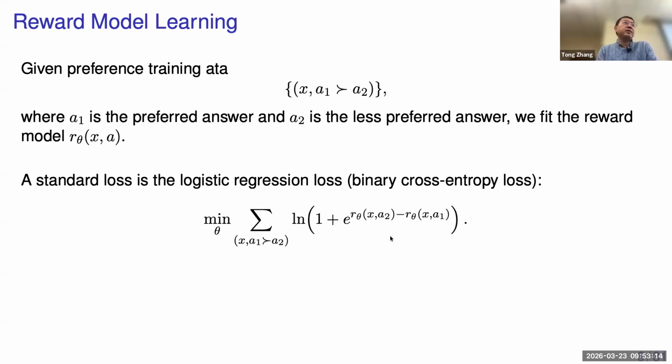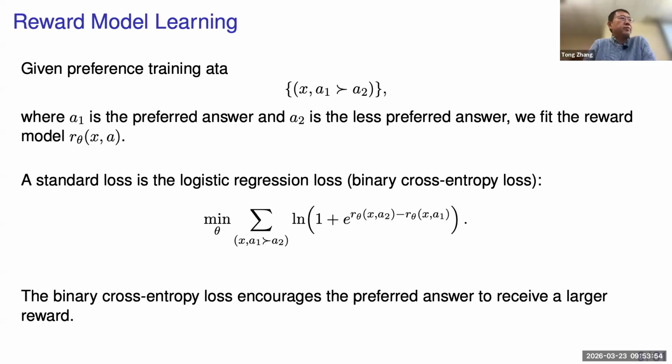If you look at that classification probability and write the log likelihood, the maximum likelihood estimate becomes a logistic regression. This encourages A1 to have a larger reward than A2: if A1 is larger and A2 is smaller, the loss is smaller. This is the training objective for the reward model, the Bradley-Terry model, or BT model sometimes.